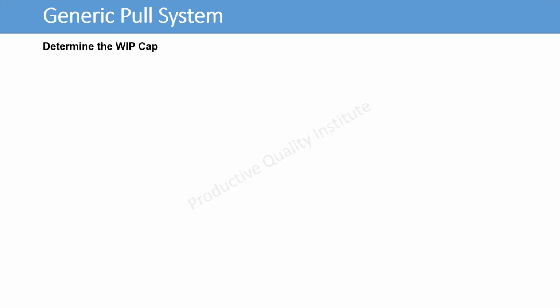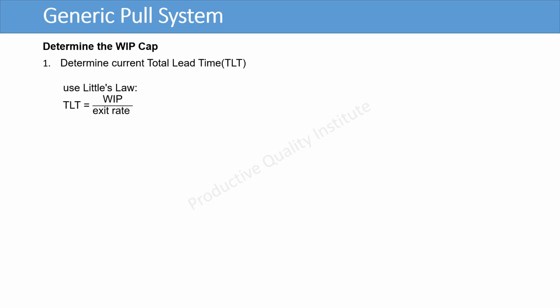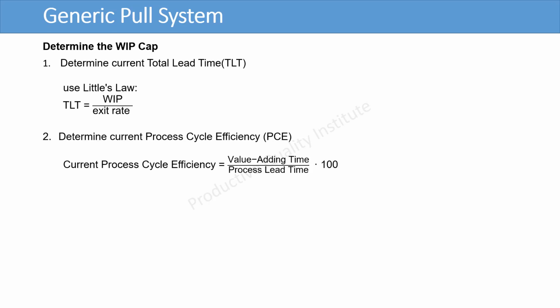To determine the WIP cap, first determine the current total lead time, TLT. Use Little's law: TLT is equal to the WIP divided by the exit rate. Second, determine the current process cycle efficiency, PCE.